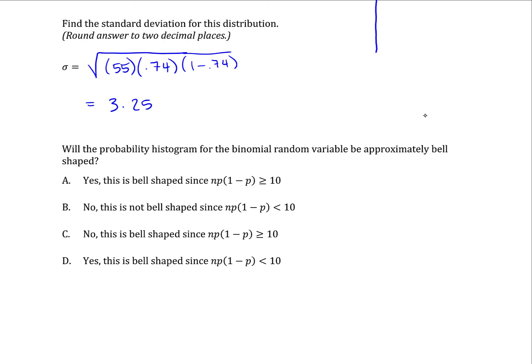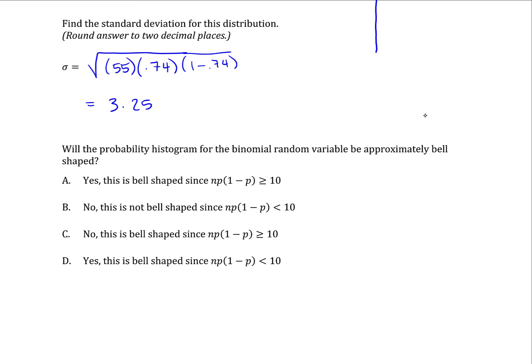They don't always give the same result, but they're doing the same thing. They're just telling you what the values of n and p and q must be so that you get an approximately bell-shaped distribution. So we'll answer with this form here.